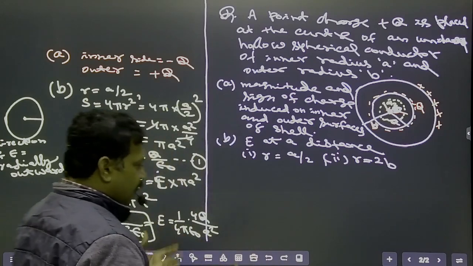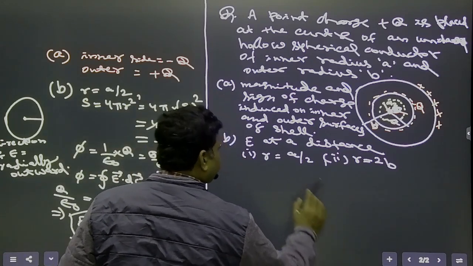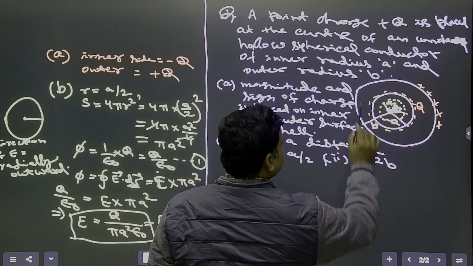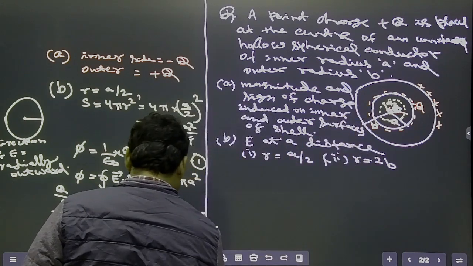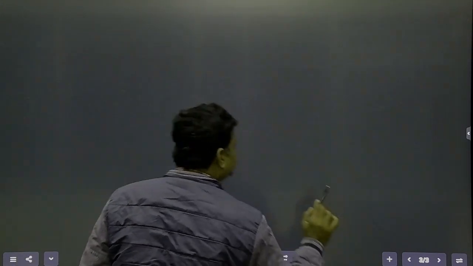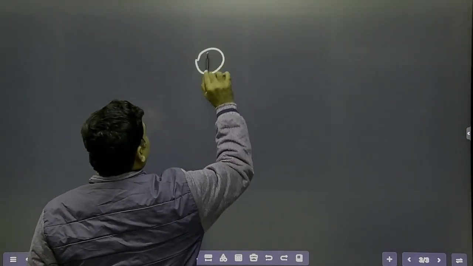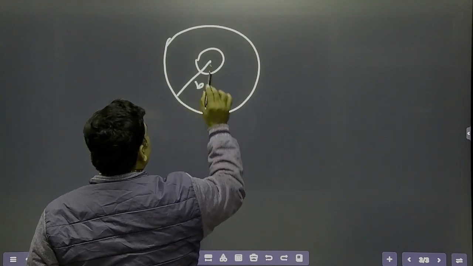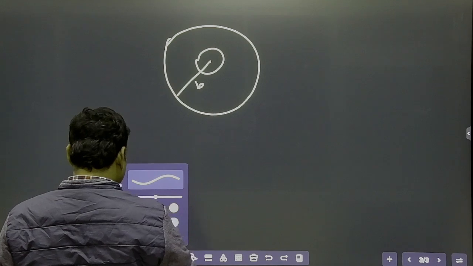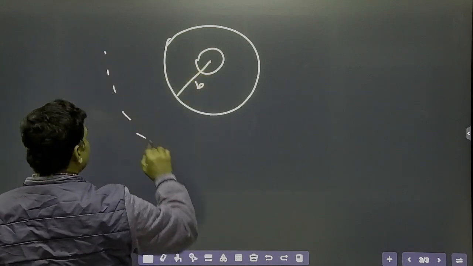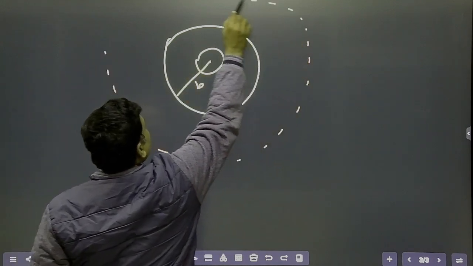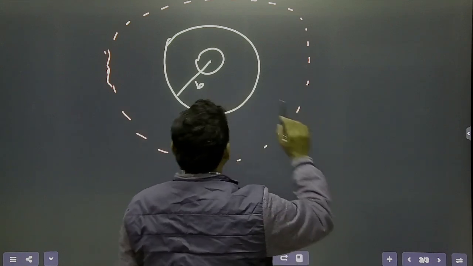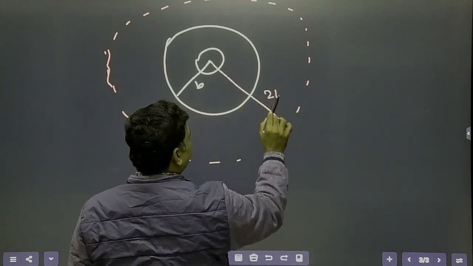Now we'll solve the second part. Here the distance is given as 2B, where the outer radius is B. Suppose we draw another diagram: this is your inner one, this is your outer one, and this is your B. In the second part it is asked for 2B, so we can consider this to be the Gaussian surface of radius 2B.